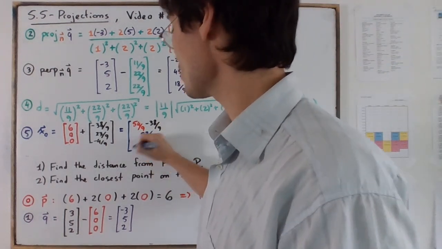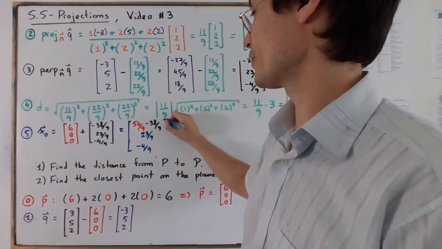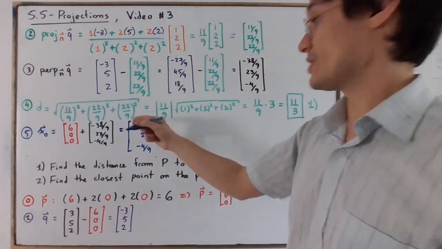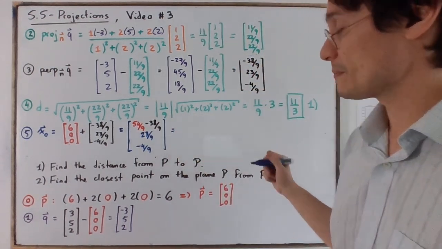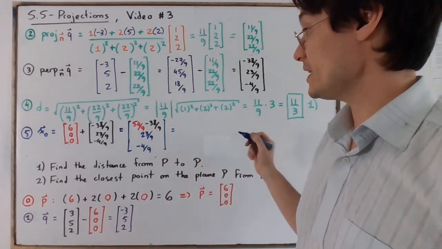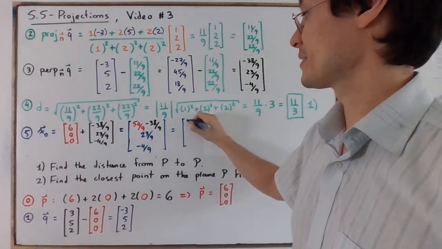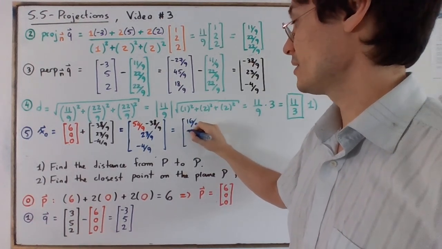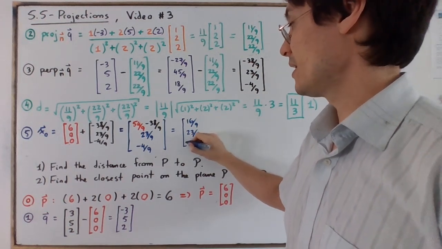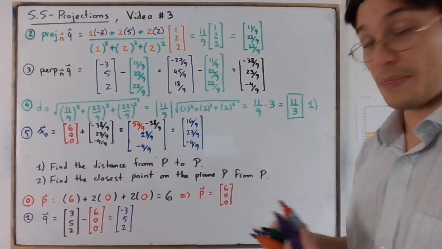So we can pretty much safely say here that we have our negative 4 over 9 and our 23 over 9 right here. Now we just need to calculate the top component. So 54 minus 38 gives us 16. So it's going to be 16 over 9, 23 over 9, and negative 4 over 9. So that is the answer to number 5.